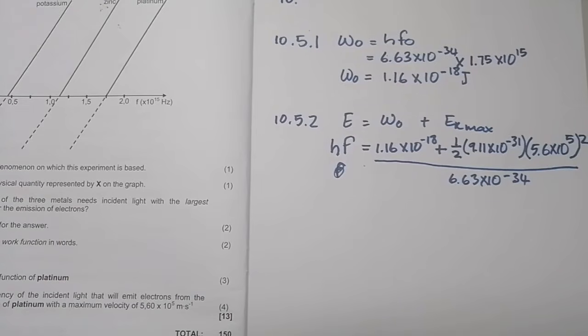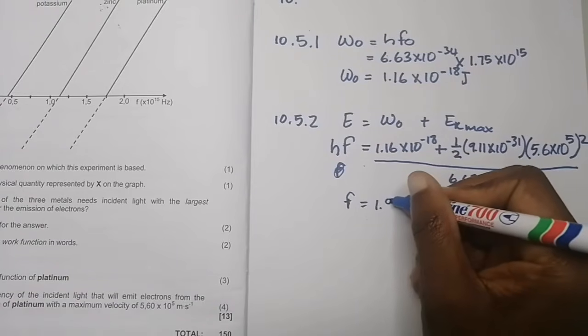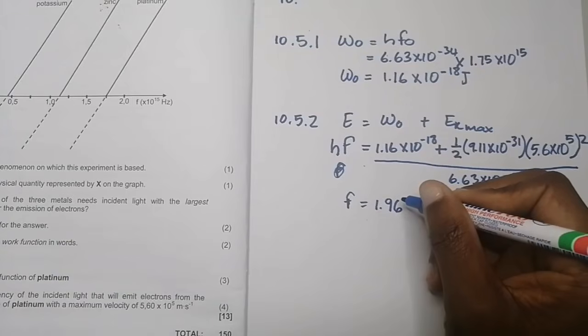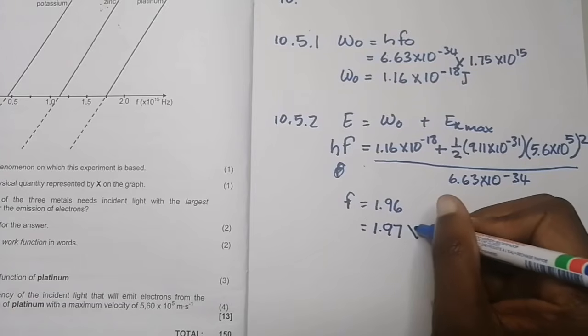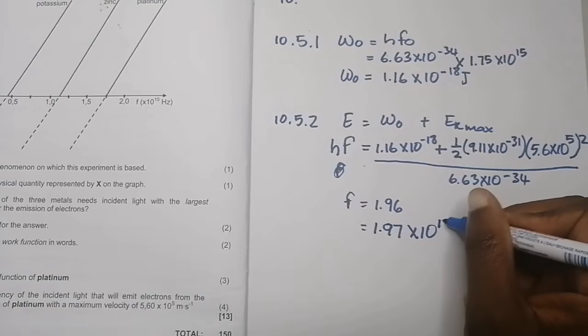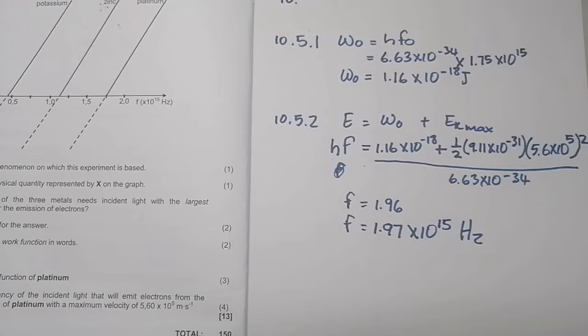If I work it out, I get a frequency value of 1.97 times 10 to the power 15 hertz. That would be the frequency you would require to emit electrons moving at the stipulated speed. That is essentially how we answer this section.